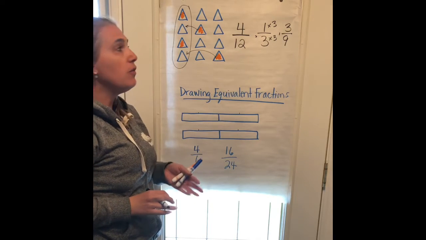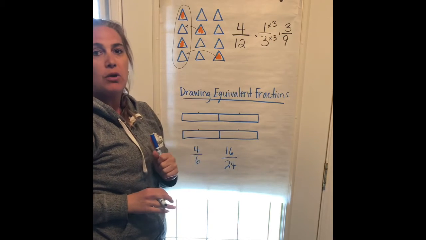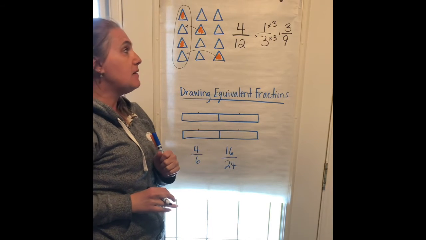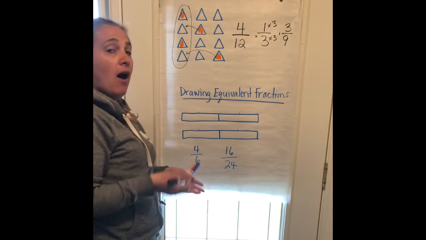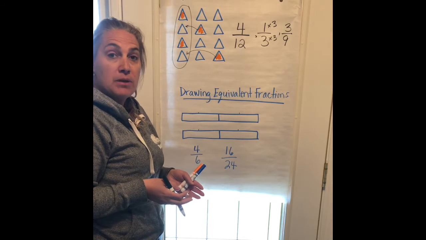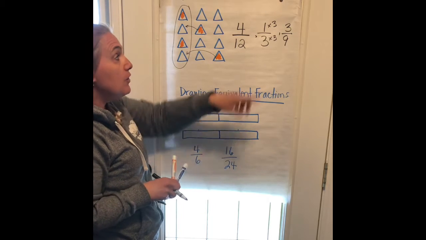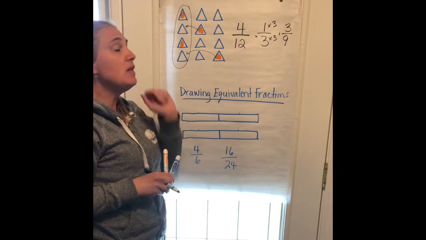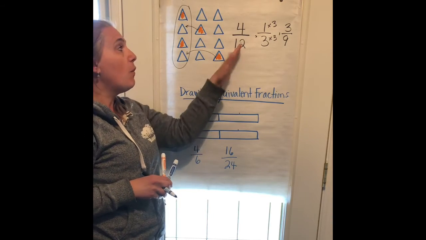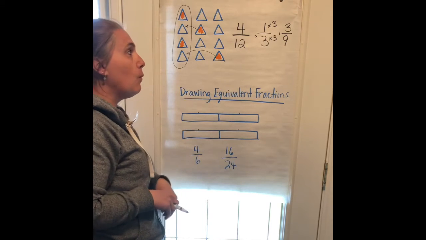I could go further and get another equivalent fraction by multiplying the numerator and the denominator by the same number. I could also divide the numerator and the denominator by a number to reduce this fraction to lowest terms, which I can see here that 1/3 is the lowest possible terms that 4/12 can go because we can't get a smaller number than 1.